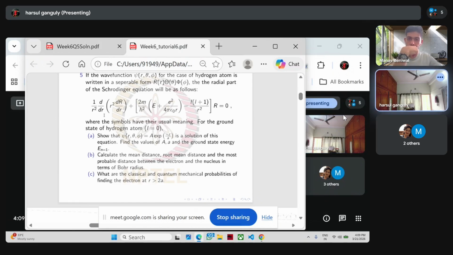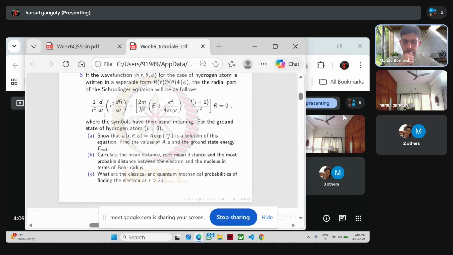So we are given a wave function for a hydrogen atom, and we know that it is separable in theta, phi, and r. The radial part is given as this. We are only focusing on the radial part, and also L is equal to 0, meaning the ground state. Good. First, we have to show that this is a solution of the equation.